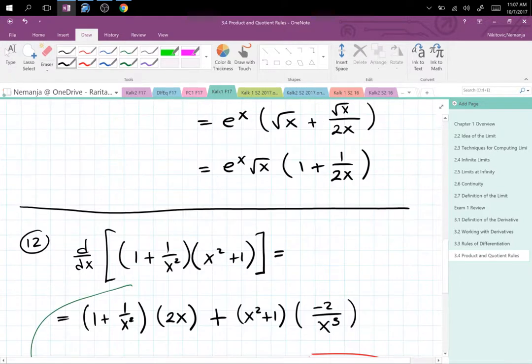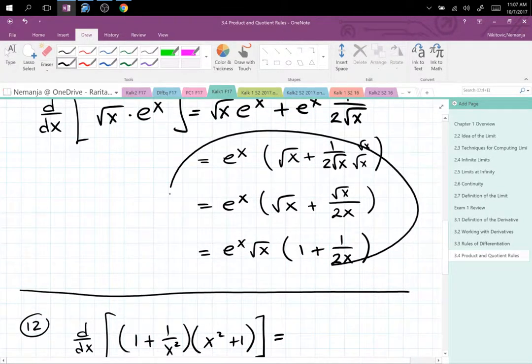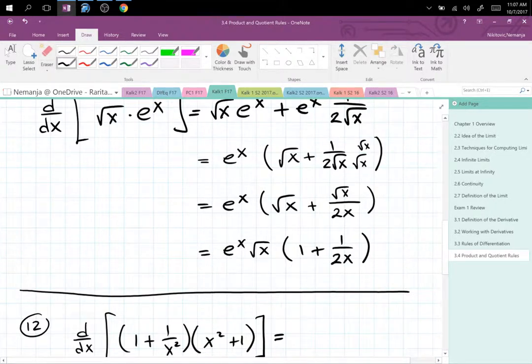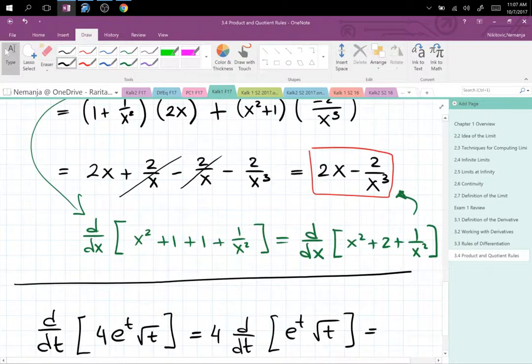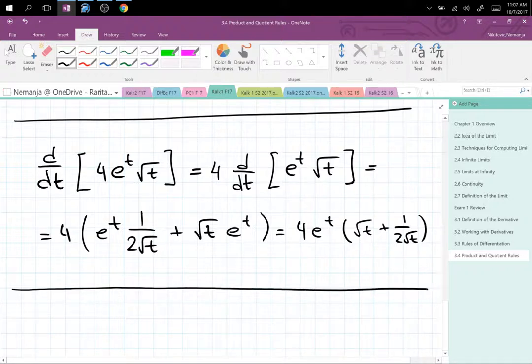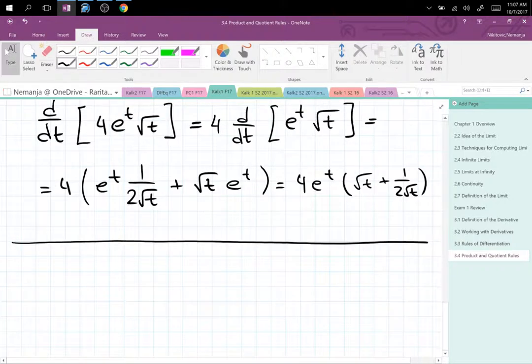It's the same problem, guys, right? It's just with t's and a 4 in front. So that's the product rule. You memorize the formula, plug everything in. If you're interested in a proof, it's in a book, or stop by my office and we'll deal with that. Quotient rule.